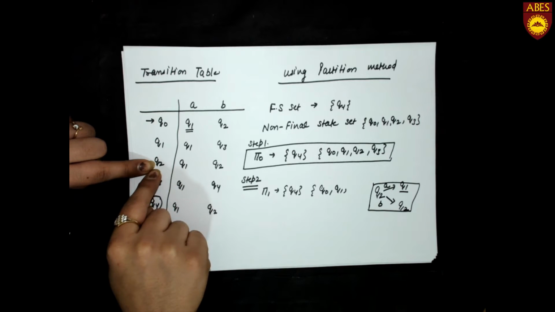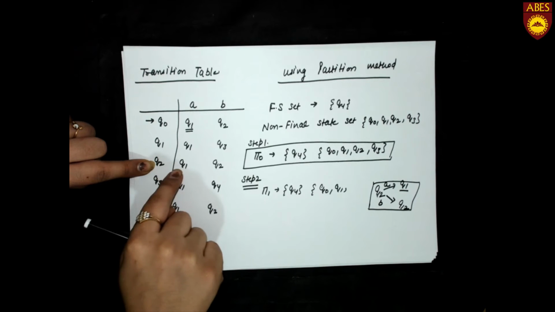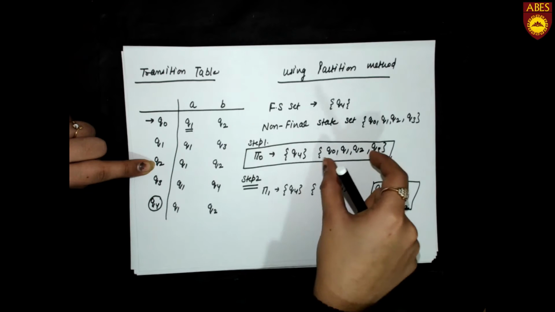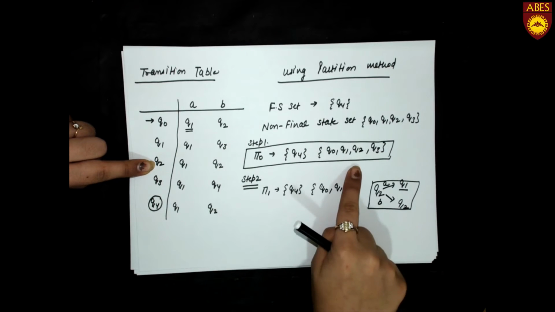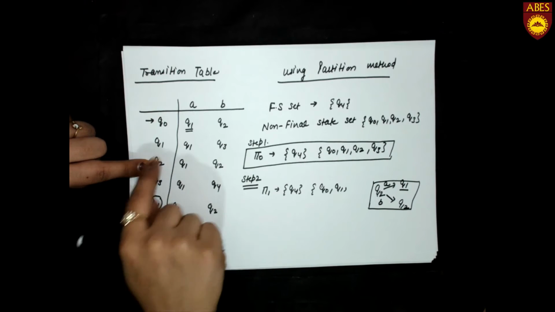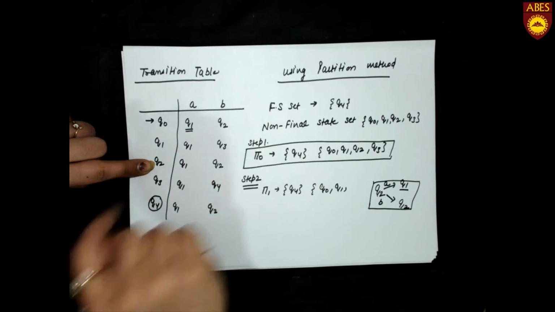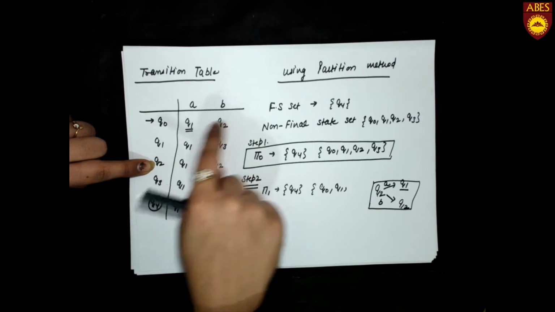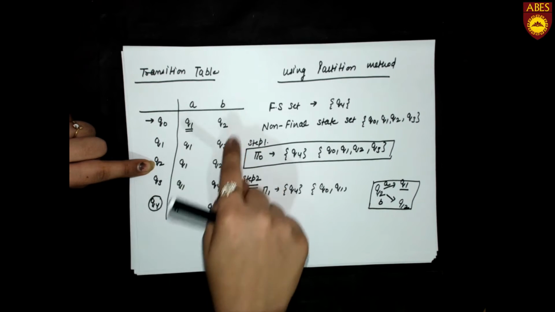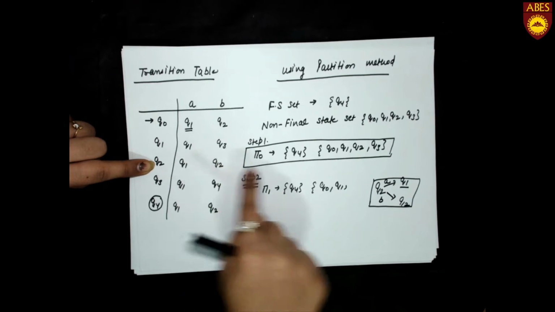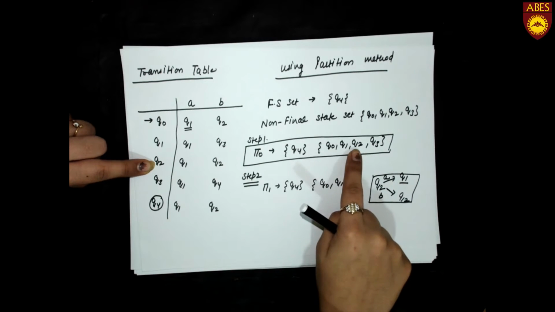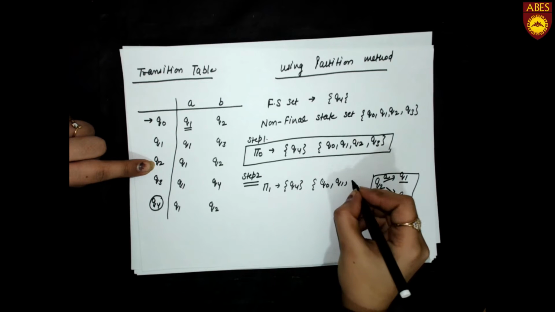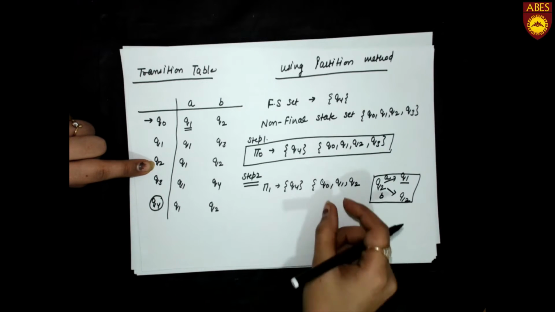In case of Q2, when we apply A, the output state is Q1. Both lie in this set. In the same way, when we apply B to Q0 and B to Q2, the output is Q2. Both are in the same set. So we can add Q2 in this set.